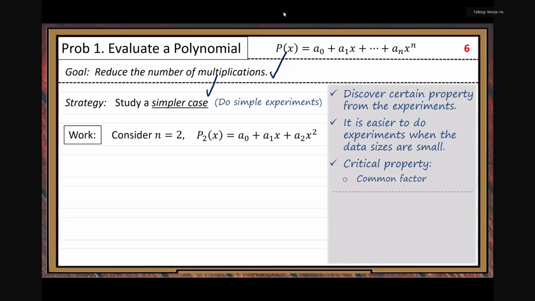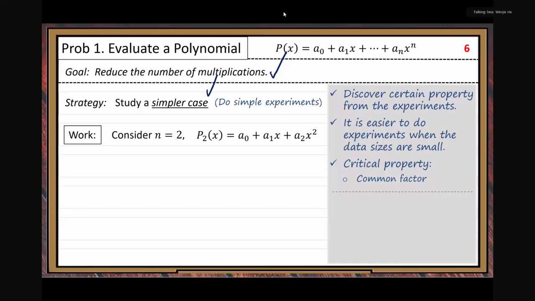Now try to do the observation on this polynomial. Can you see some interesting property there? Try to find some interesting property that could be useful in our multiplication calculation.